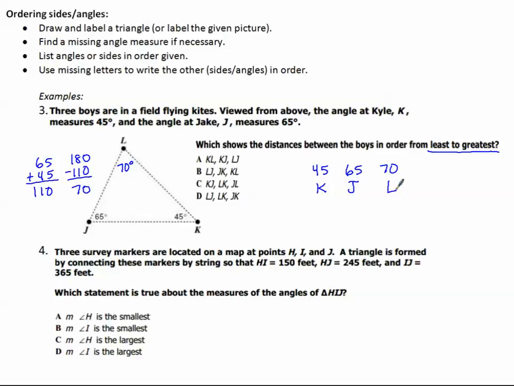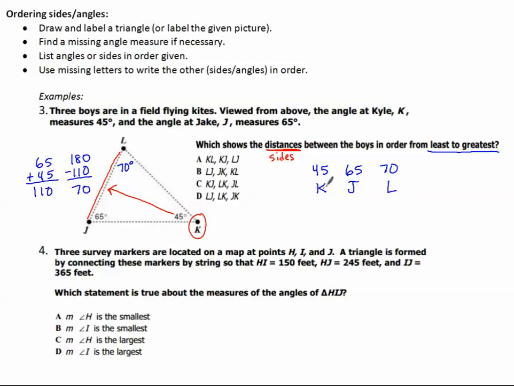If I want the distances, however, the distances means the sides. So here's all I have to do. In a triangle, the smallest angle is across from the smallest side. But we don't have to have a picture for that. We just have to know that if it's across, that means I'm not going to use that letter.